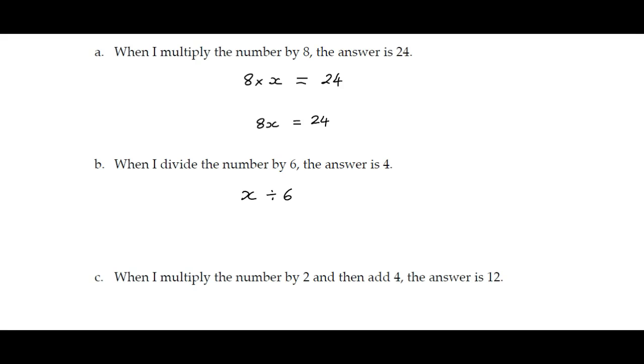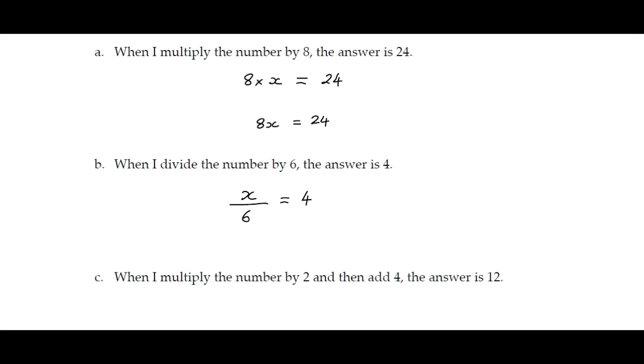We're going to replace this divide symbol with a fraction bar, because the most common way of writing the divide symbol as we progress to a higher level of mathematics is to replace it with a fraction bar. So x divided by 6 can now be written as x over 6 with a fraction bar, and for the answer we put equals 4. And that completes that question.